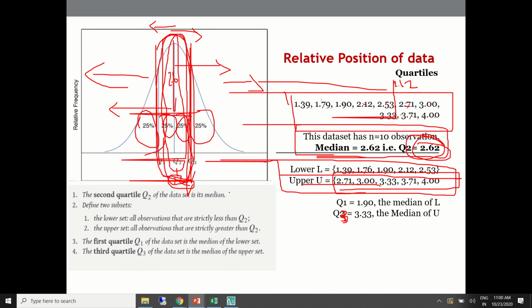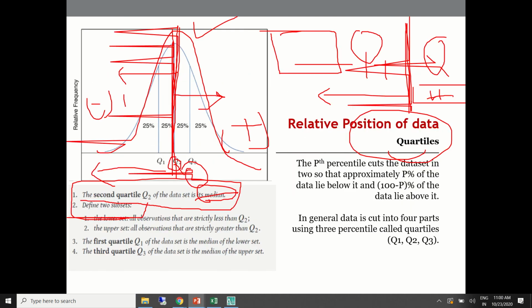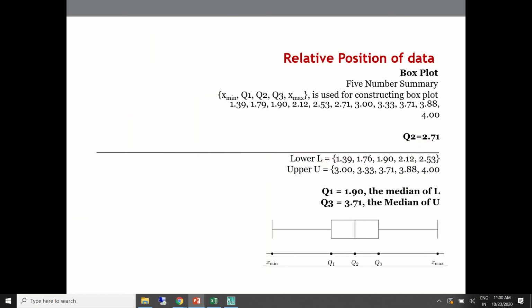Even this technique helps us put the data in a simpler manner, so that we can interpret the result in a meaningful manner. So this is about the percentiles and quartiles that we can use for plotting the data set.